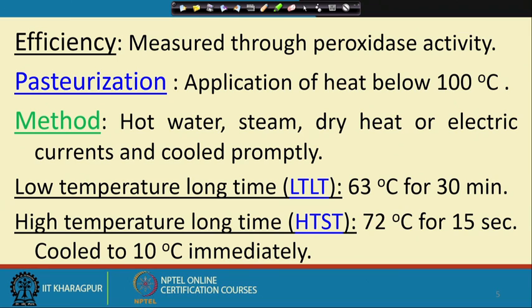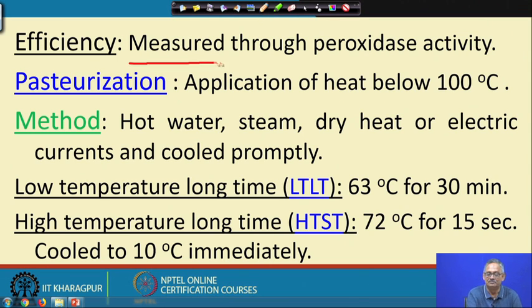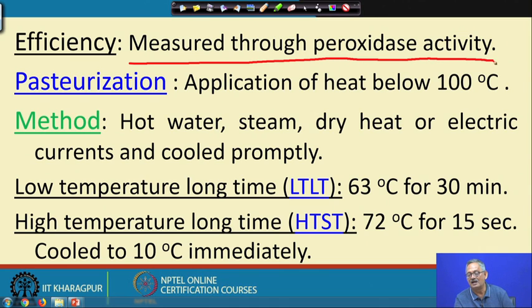This efficiency is measured with the help of parameters like peroxidase activity, right. So, peroxidase activity is one measure by which we can say whether our blanching was sufficient or not, whether you have correctly performed blanching and the achievement was made or not. That can be measured by determining the peroxidase activity, right.